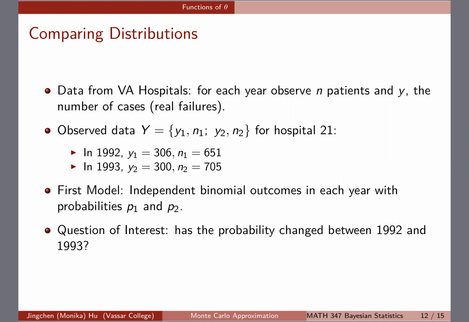Good point. So if we give the same prior, of course we have to have two priors, right? One for 1992 and the other for 1993. And so the question is, do we want to give the same prior to see how they are different in the posterior? What do you all think?